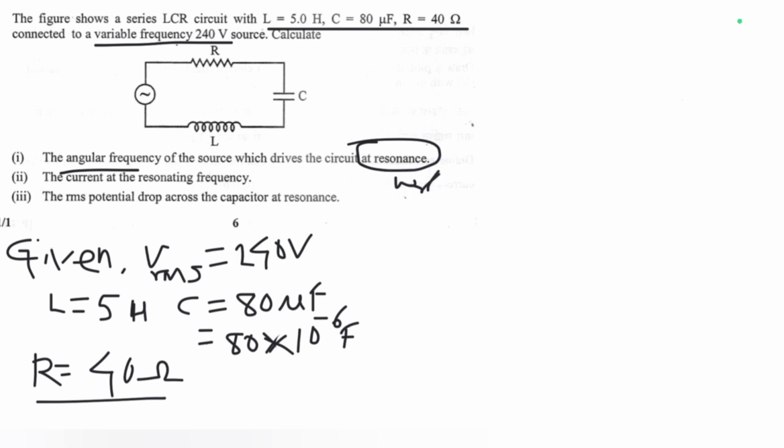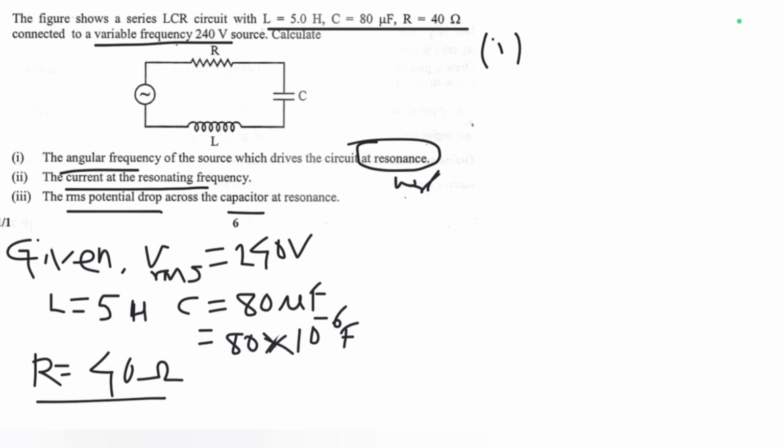Then the current at the resonance. Then the RMS potential drop across the capacitor, that is the voltage drop across the capacitor. First we will find the solution of the first parameter, the angular frequency.